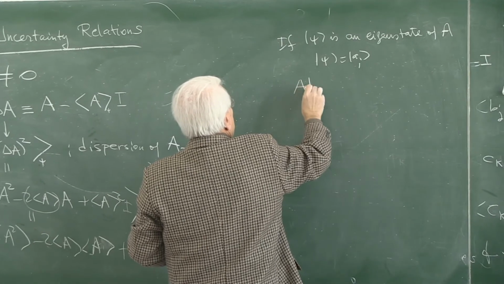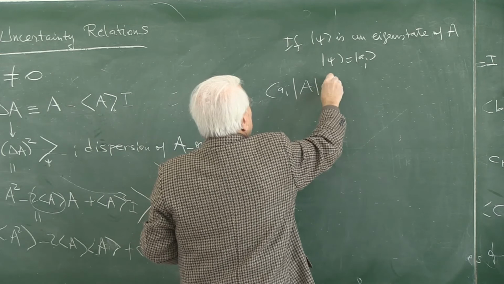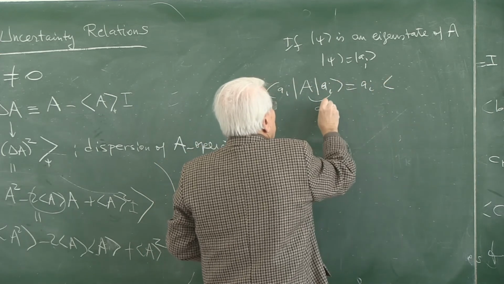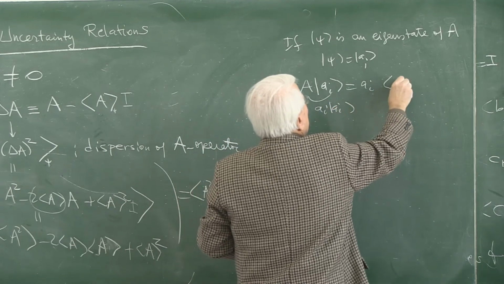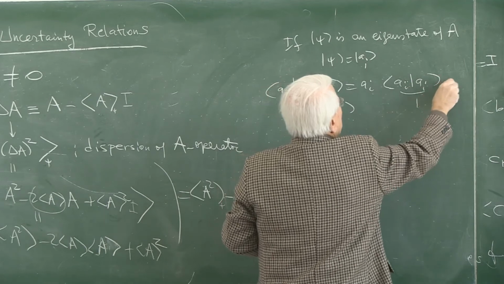The expectation value of A in the state a_i is a_i, because A acting gives you a_i, then a_i normalized to 1, this is a_i.